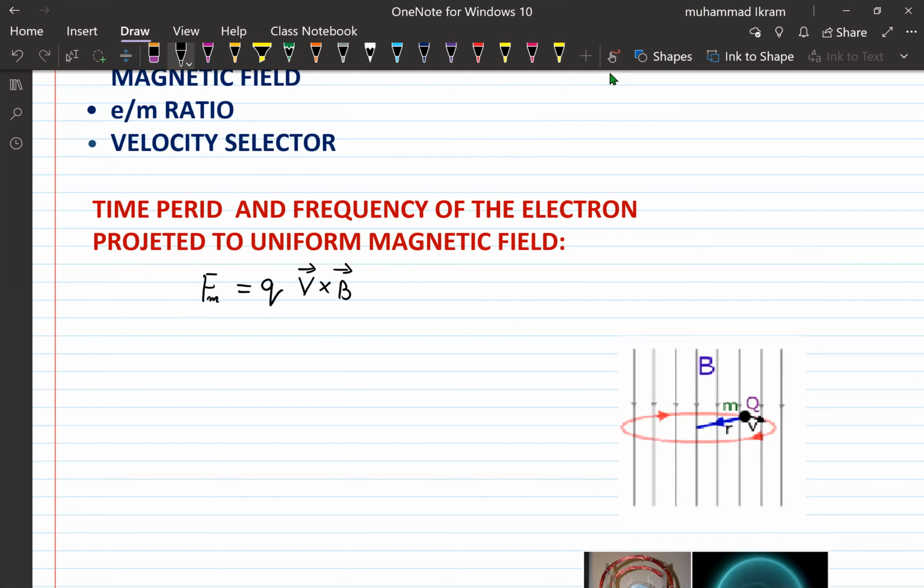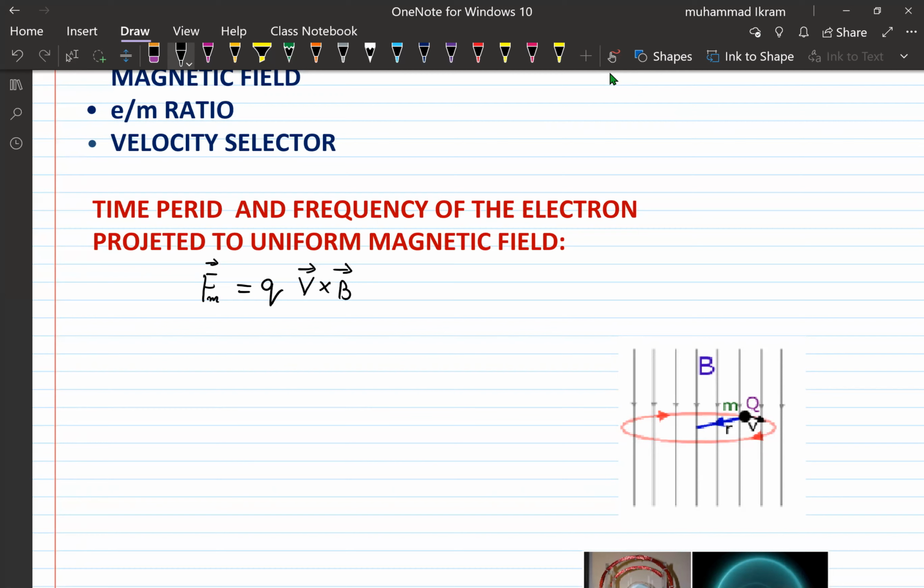Then I discussed in great detail that whenever a charged particle enters into a uniform magnetic field, it experiences a force which compels the charged particle to move in a circular path inside the magnetic field. This is the force called the deflecting force, which only compels the charged particle to move along a circular path or along a circular track.